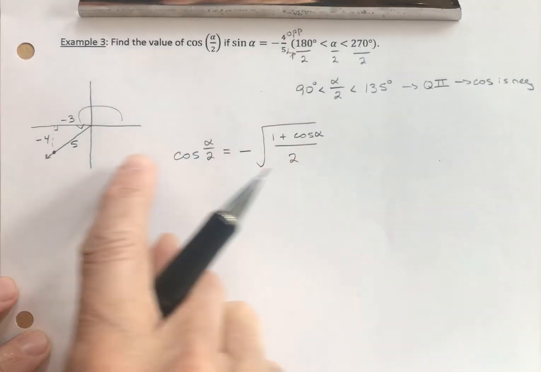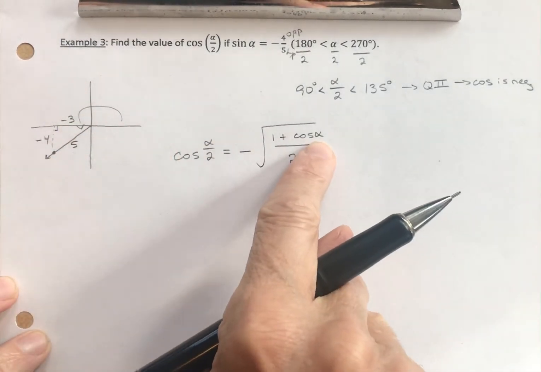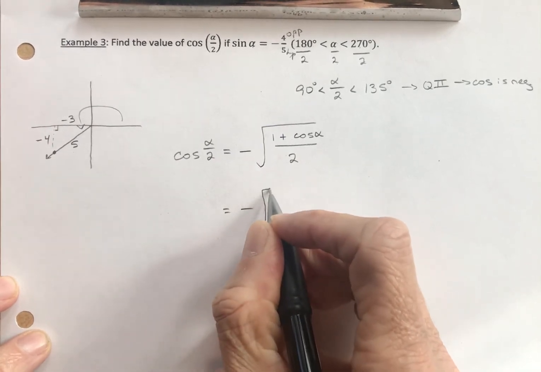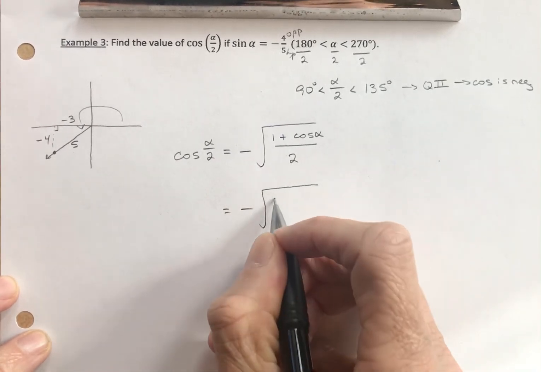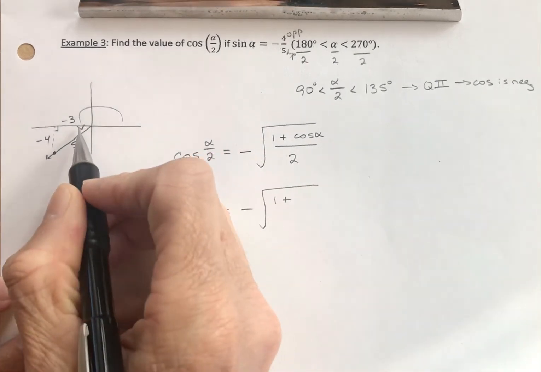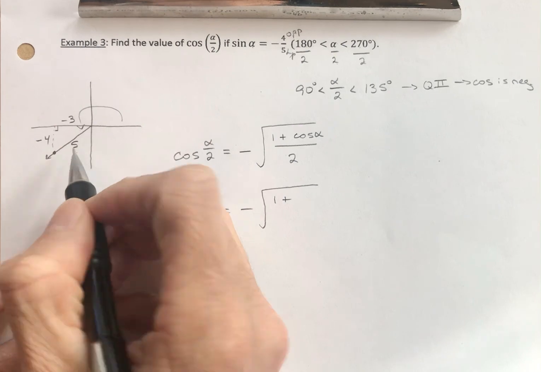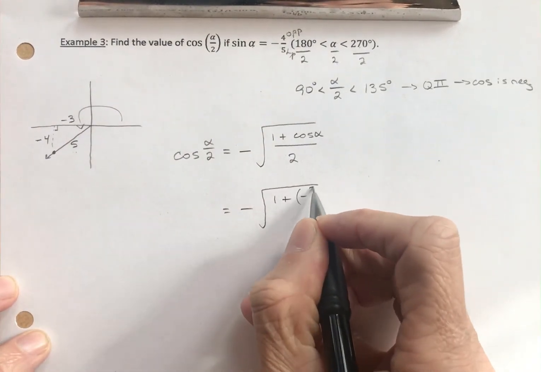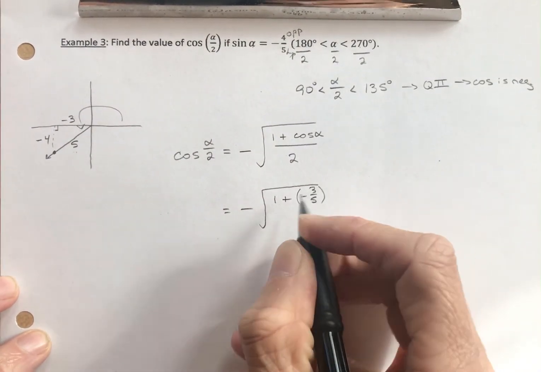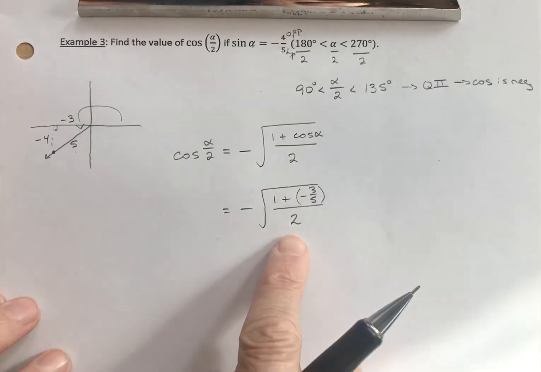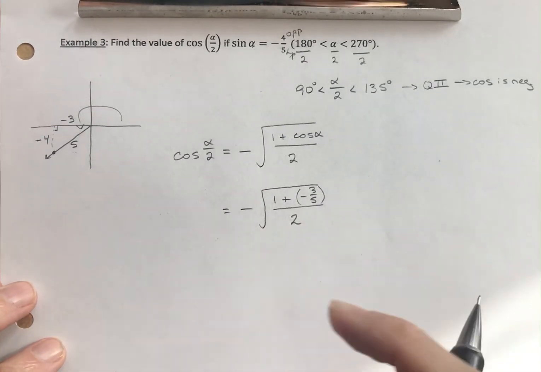That's why we put alpha in here, so we could find the cosine. So it's the opposite of the square root. And this is 1 plus, well, the cosine of alpha is adjacent over hypotenuse, so this is negative 3/5. We'll divide this by 2. And that's your answer. It's a little bit messy, but let's clean it up.